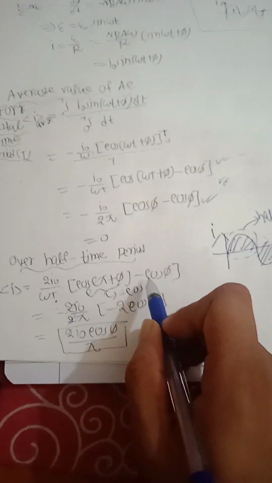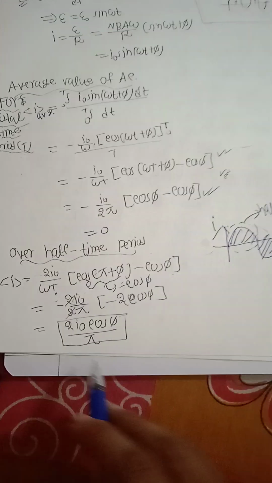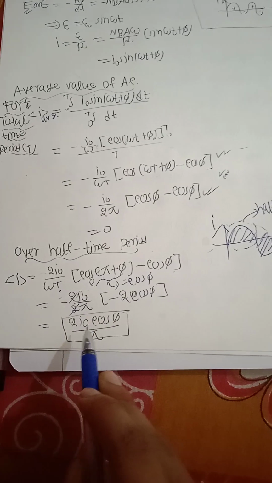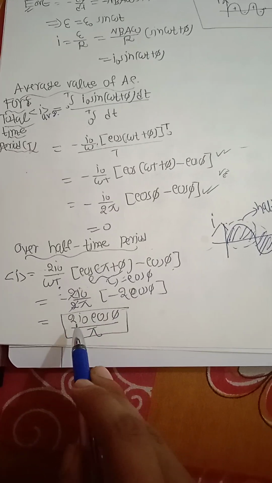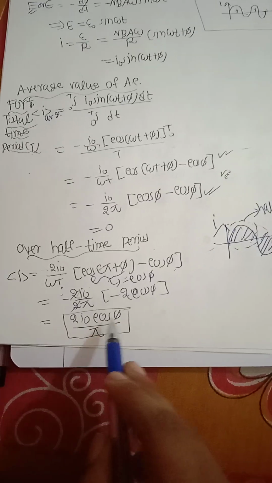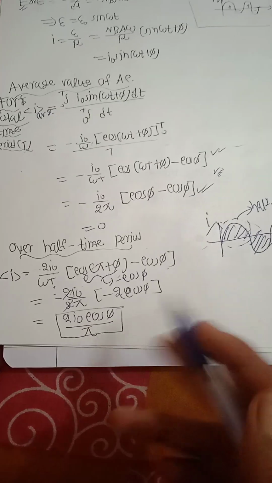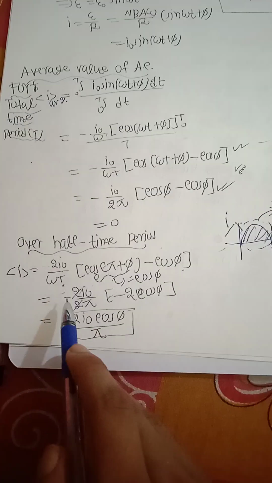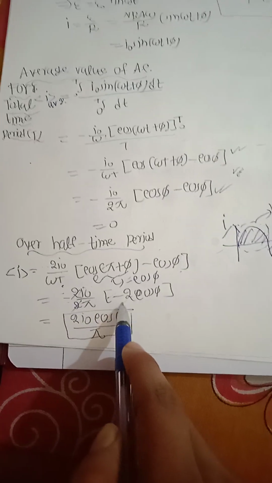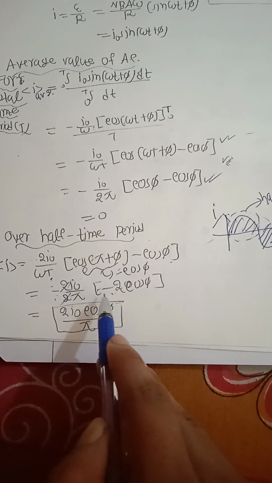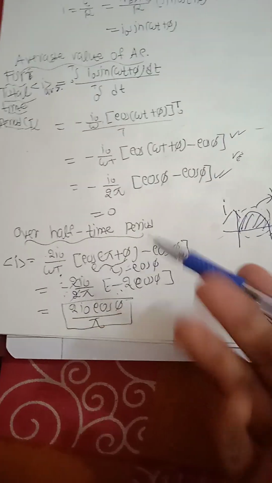So minus cos phi minus cos phi is minus 2 cos phi, and we can write this as 2 I naught cos phi by pi. Where did this minus go? Well, there is another minus, and minus multiplied by minus equals plus.